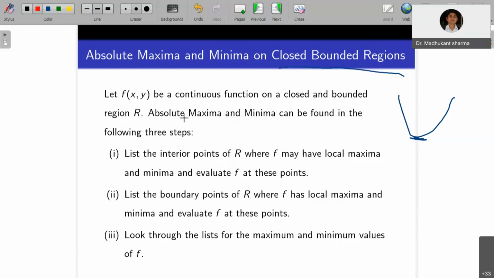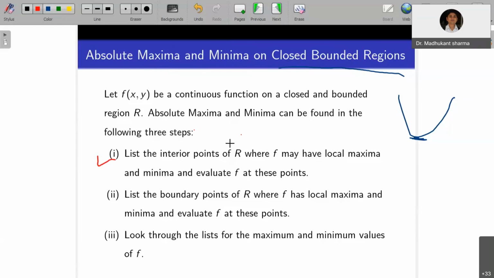Now for finding the absolute maxima and minima, we have to collect all the possible critical points. The very first thing is the interior points where f may have local maxima and minima. You have to list all the possible interior points where f may have a local maximum.